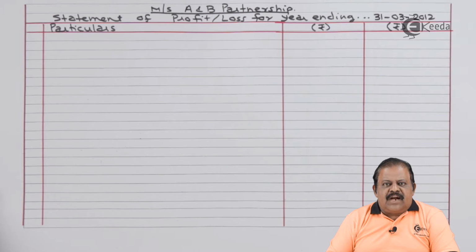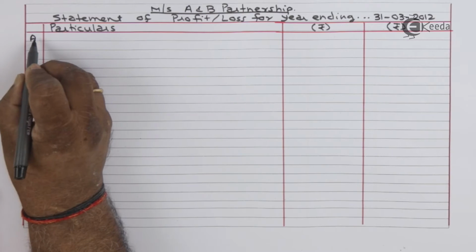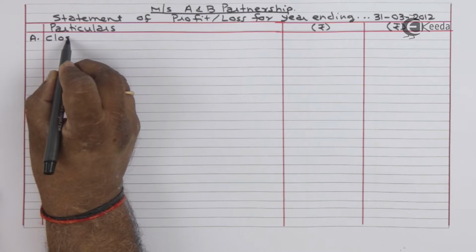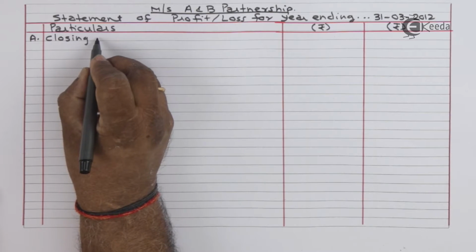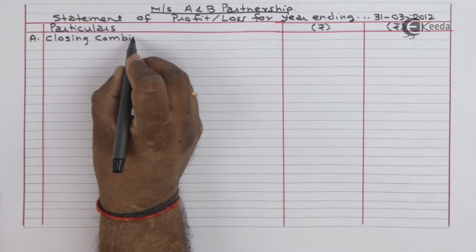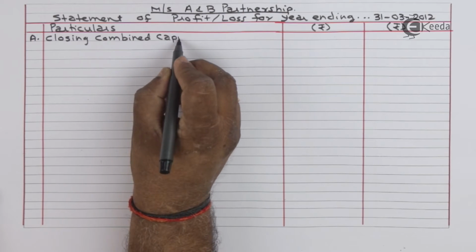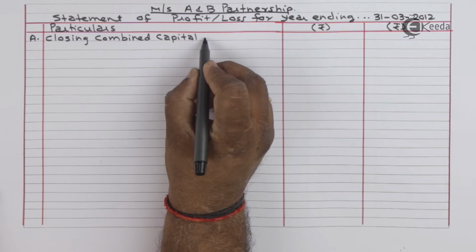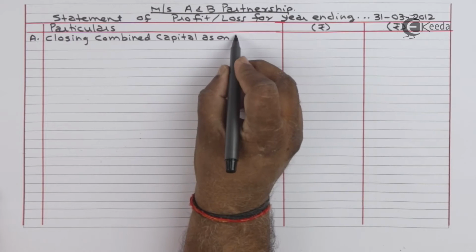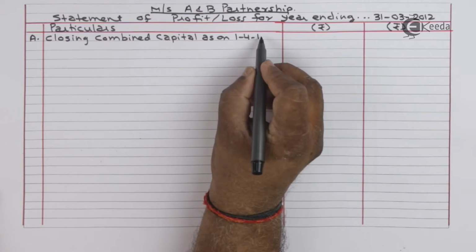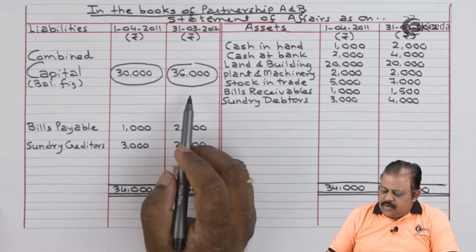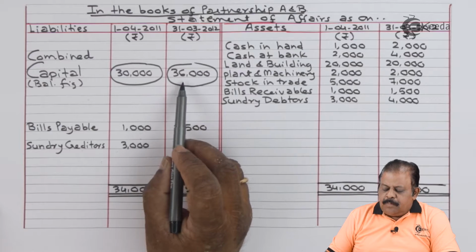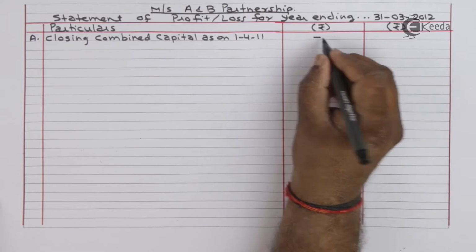We are required to first start with closing capital of firm as on 31st March 2012. We have calculated closing capital rupees 36,000.